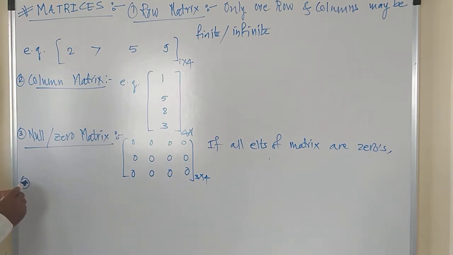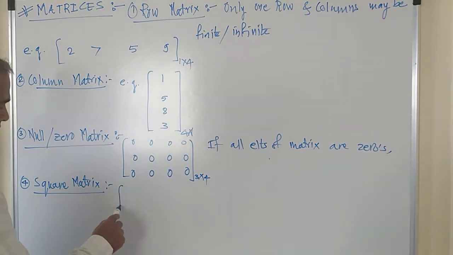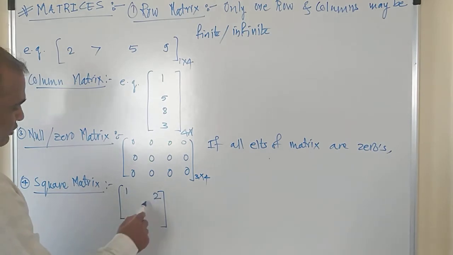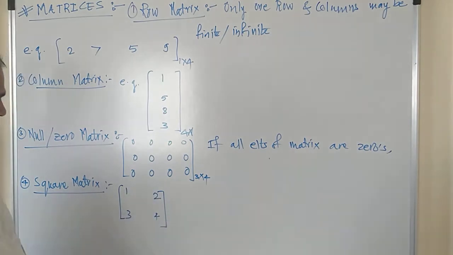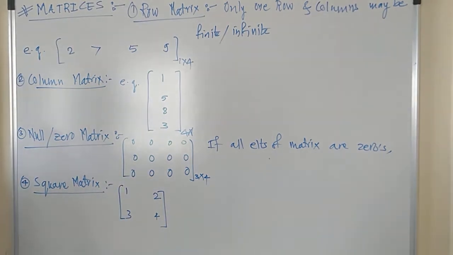Square matrix. The name itself indicates what is meant by a square matrix. A square matrix is a matrix having an equal number of rows and columns. It's called a square matrix, right? That means the number of rows and number of columns must be the same. For example, 1, 2, 3, 4, with 2 rows and 2 columns, is called a square matrix.